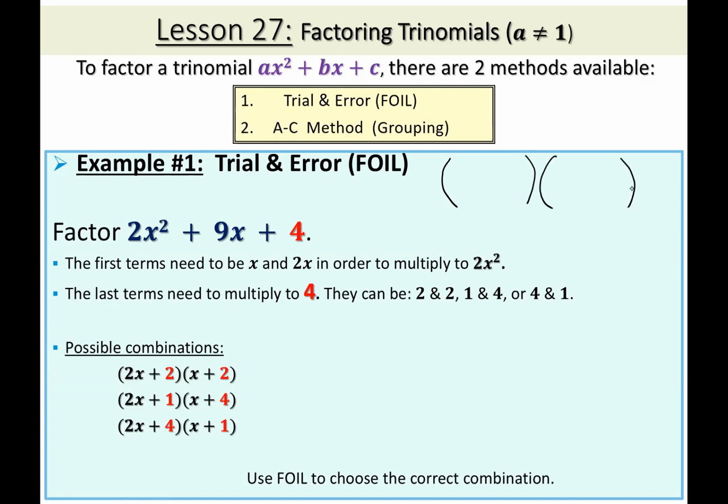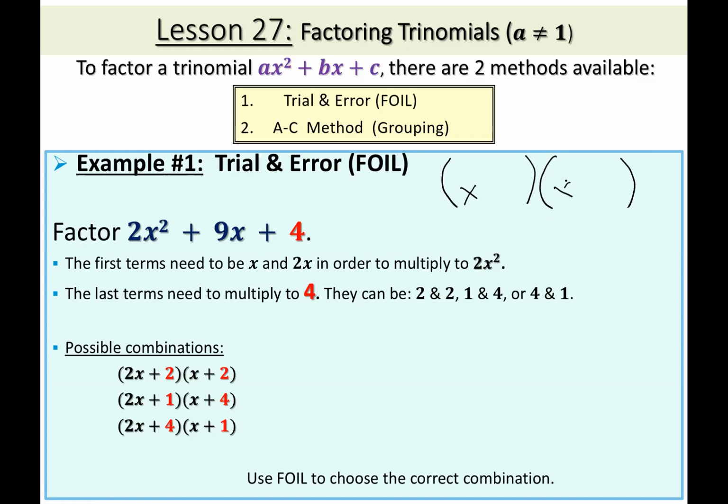Remember, trinomial has 3 terms. Tri means 3, like triangle. Bi means 2, like bicycle, has 2 wheels, right? So we have 2 binomials that will be our final answer. So now we're going to kind of, in a way, fill in the blank. Now these first 2 terms, you might be used to just writing x times x here.